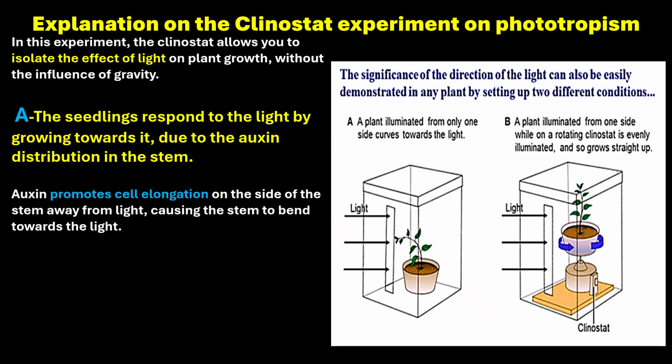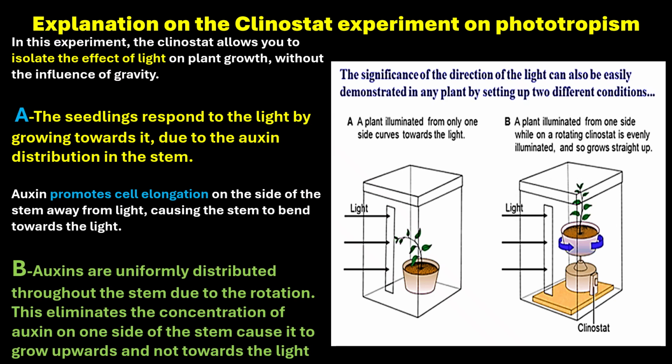You have to explain it on the side of the stem away from the light, causing the stem to bend towards light. So the part facing light experiences a low amount of growth because the auxins on the illuminated side were destroyed. Only the auxins on the dark side caused the plant to grow. So there was growth on the dark side, but there was no growth on the light side. Hence the plant bent towards light.